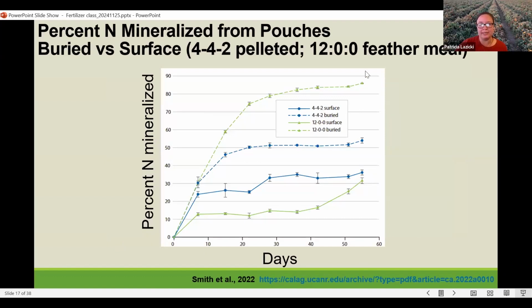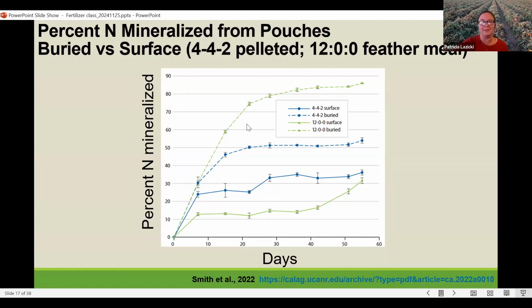And as you would expect, much greater mineralization from the buried materials than from the surface placed materials. The solid lines are the surface placed. And it's also more rapid when it's buried.